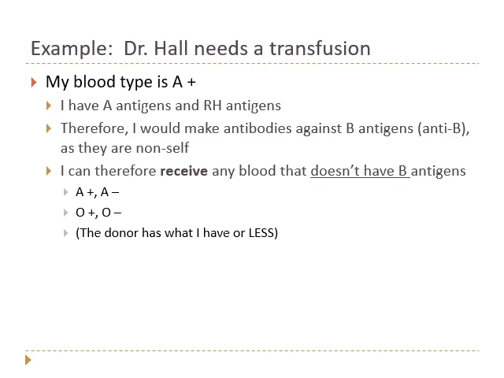Or I could receive O negative, which has no antigens on it at all. So that's totally fine. So when you think about who you can receive blood from, the donor has to have the same or fewer antigens than what the recipient has, right? So I can get blood from somebody who either has the same things that I do or less in terms of the antigens.